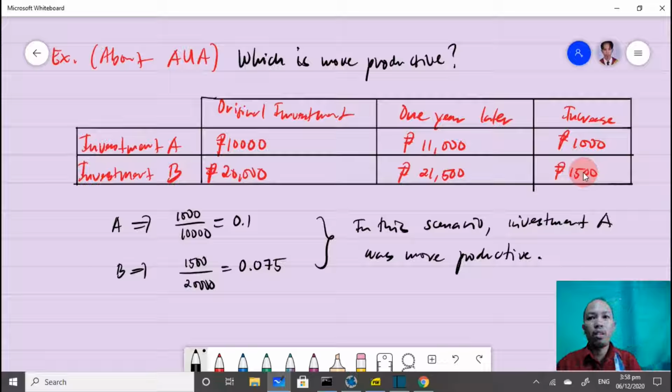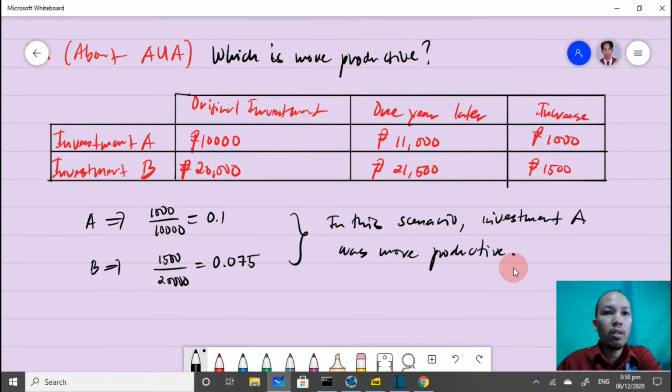Okay, so be careful in analyzing how to use the absolute unfairness of apportionment. It depends upon the question. Okay, so I guess that's all. I guess we are now ready to go to part 2.